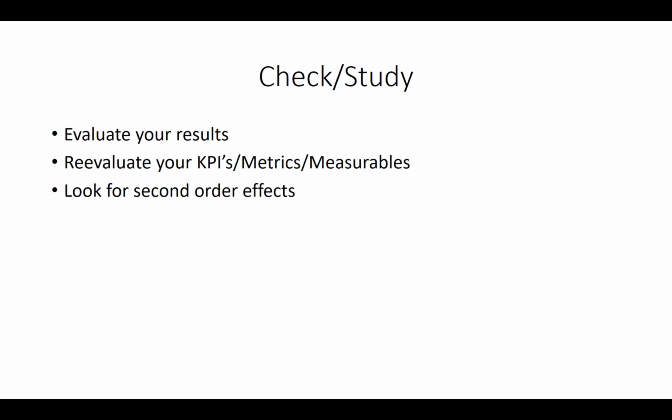Then we're going to move to the check or study. So in this example, we're evaluating our results. So we look again at our KPIs, our metrics, measurables, whatever you're calling them, and we're looking for second order effects, also called unintended consequences. So we look for anything that we didn't realize is causing an issue further down the line, further up the line.